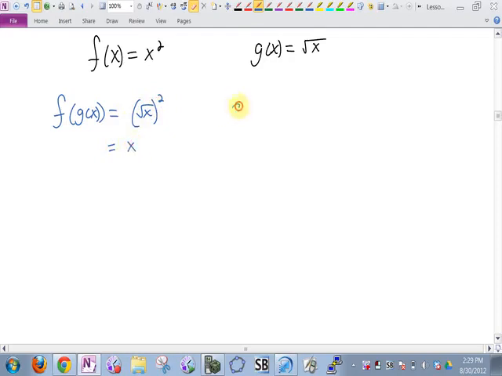Halfway there. g of f of x. What is the square root of x squared? Square root, square cancels, we end up with x. So we have proven they're inverses, yeah?